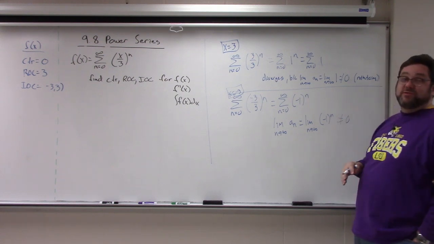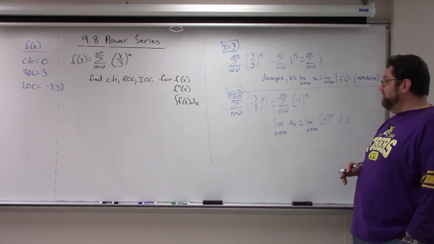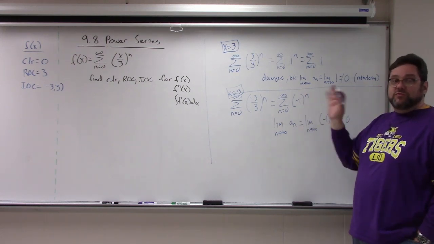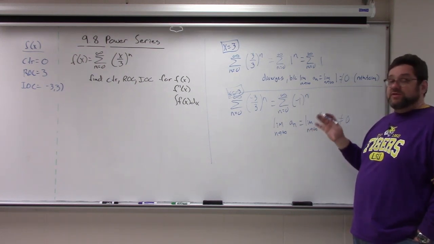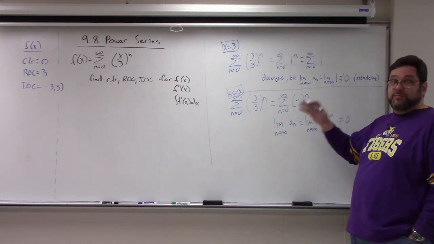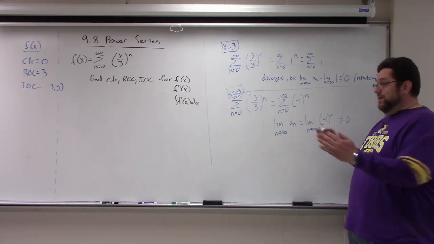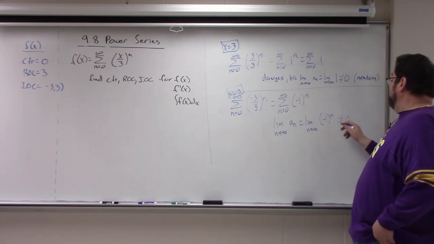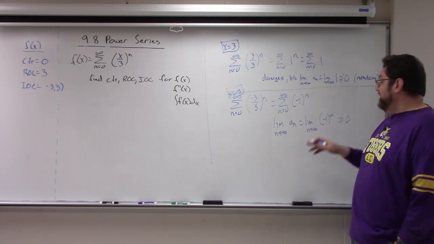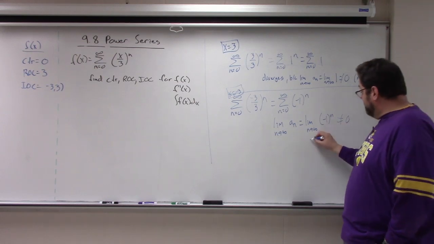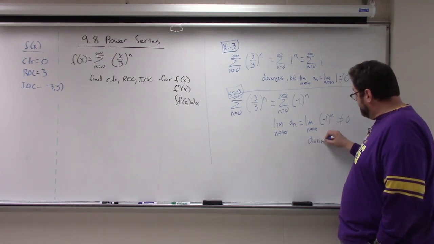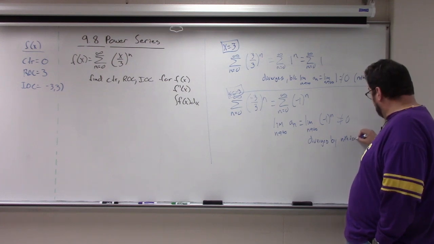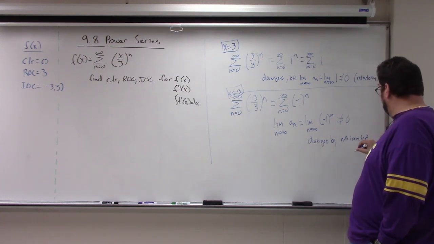In fact, it doesn't equal anything. That limit does not exist because this doesn't go to one value. It goes back and forth. It oscillates between negative 1 and 1. Therefore, it never goes to one value, which means the limit does not exist. And if the limit doesn't exist, it can't equal 0. And so this diverges by the nth term test.